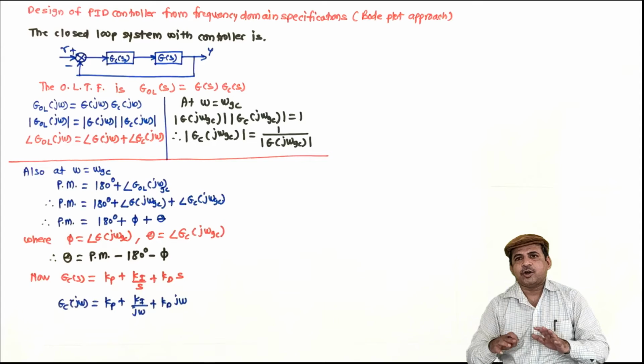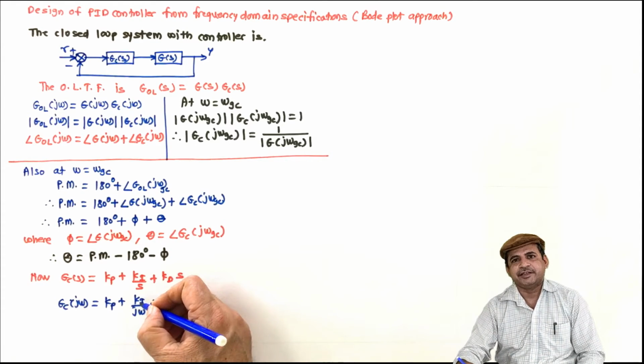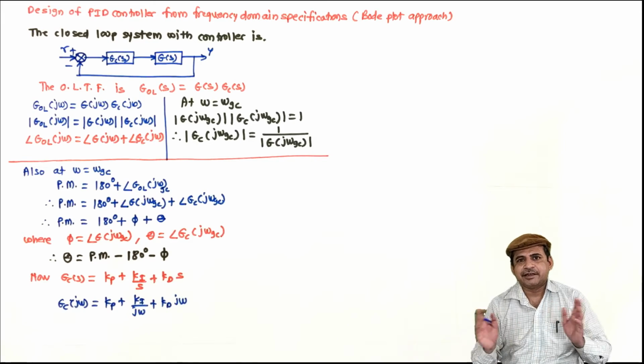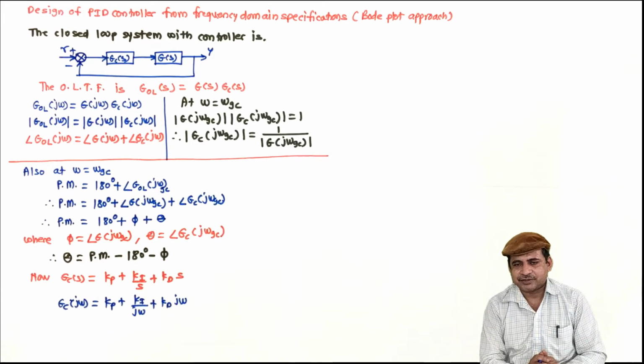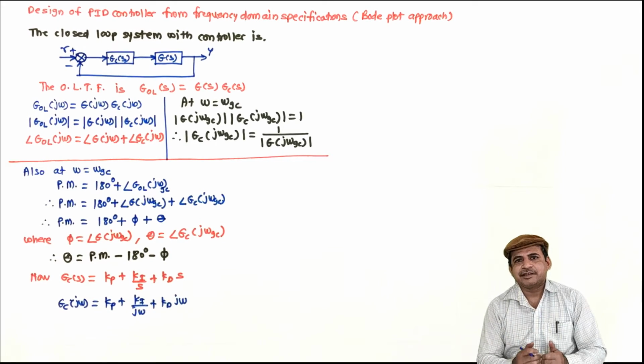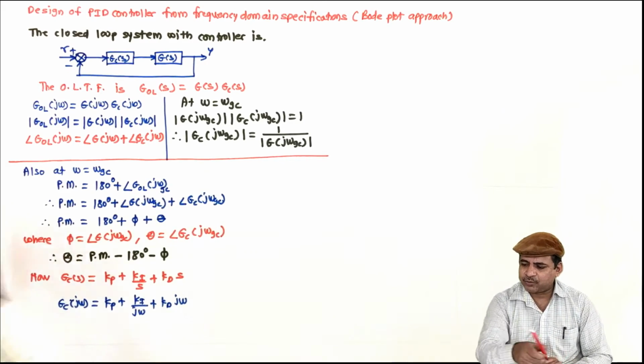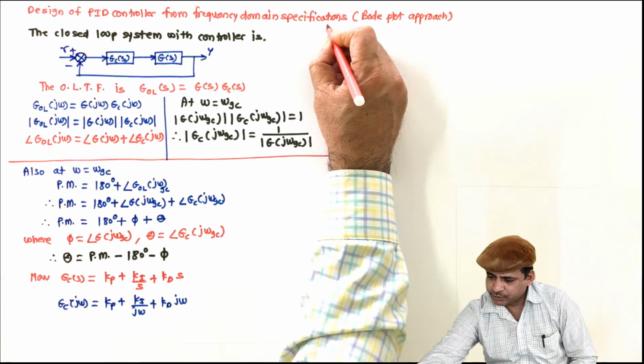Ki is already obtained from the steady state error specification. Substitute that value of Ki here, segregate the real and imaginary parts and solve the two equations to get Kp and Kd. This can be one of the procedures, but what we will do is directly use the formulae. There are certain formulae that can be directly used.